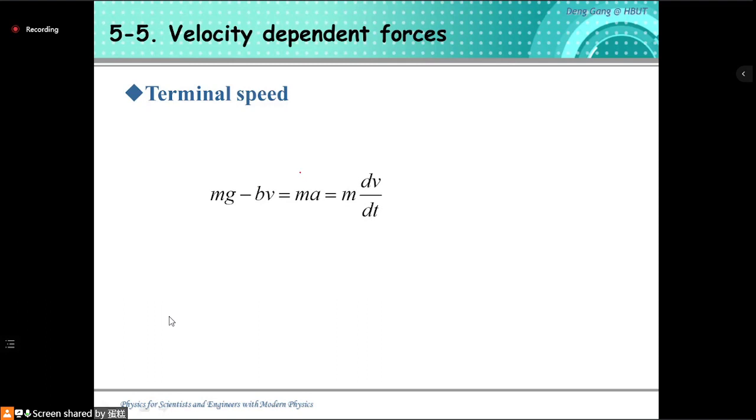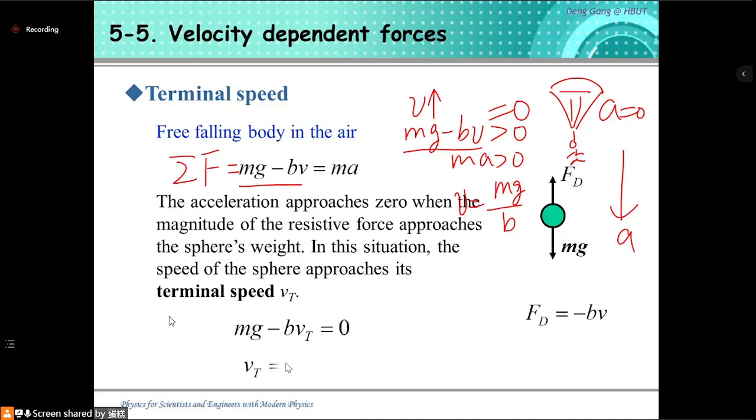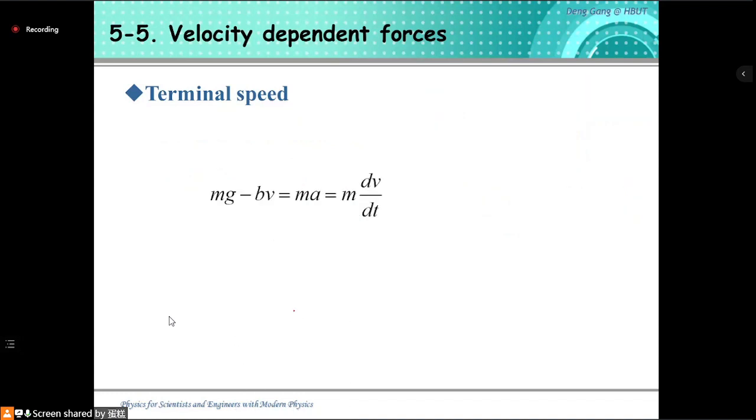But we can also prove this conclusion with calculus. a is equal to dv over dt. We need to calculate how long it takes to reach this terminal speed.